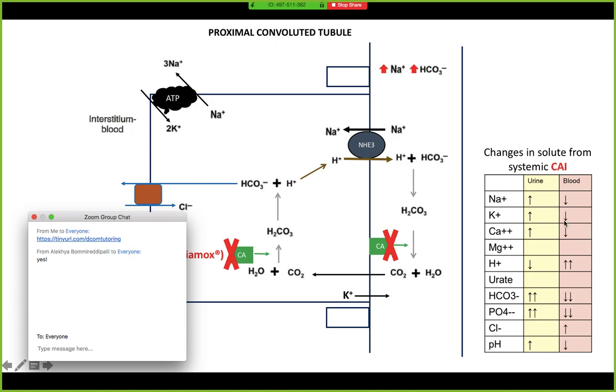So you'll still see hypokalemia because, like you said in the lecture, you're reabsorbing sodium throughout other places in the tubule. So the important thing here is that you're going to see hyponatremia, hypokalemia, and also metabolic acidosis.